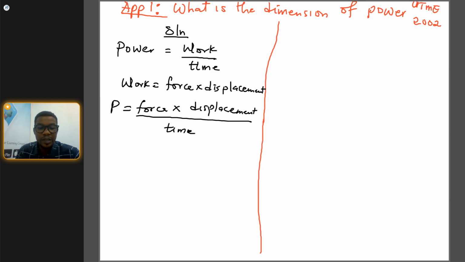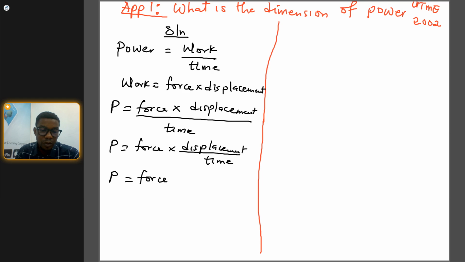Now with this, we still need to simplify by saying power equals force times displacement over time, as a separate fraction. Power equals force times. Now, if you can recall, displacement over time is also equal to velocity.